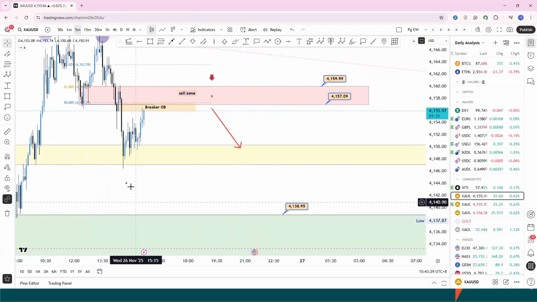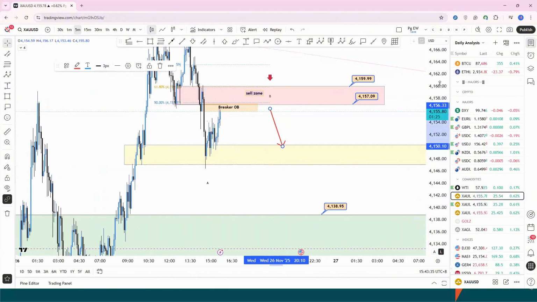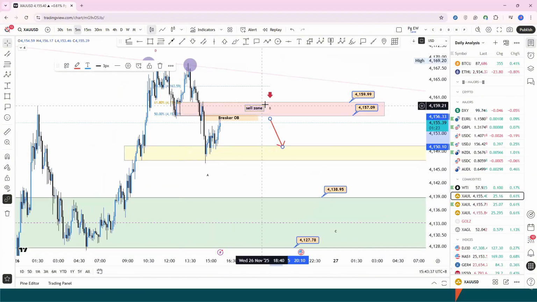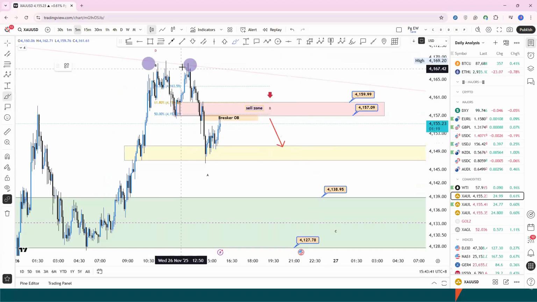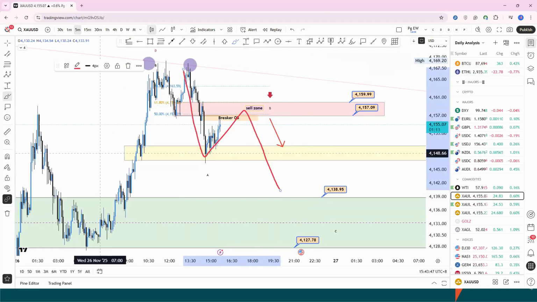Okay, so now price went back up again. So sell zone. Okay, this is the sell zone. Let's see if this one is gonna do the A, B, and C and go down. Okay, go here. Right?